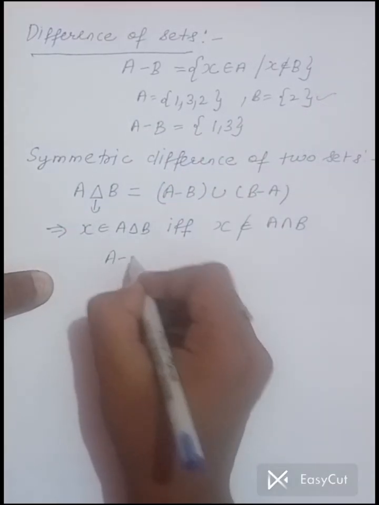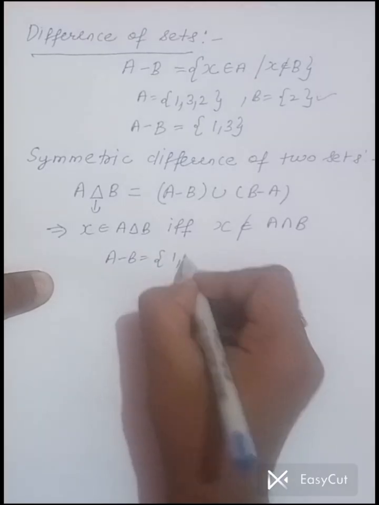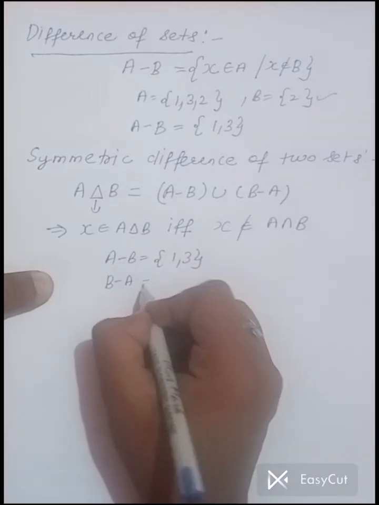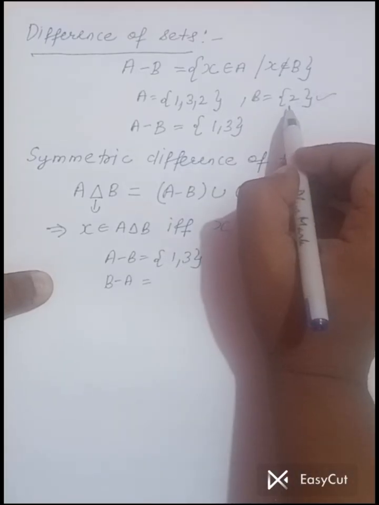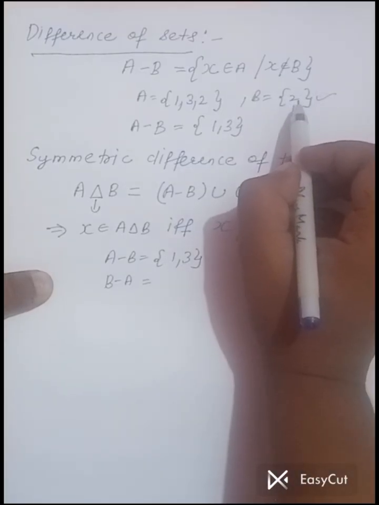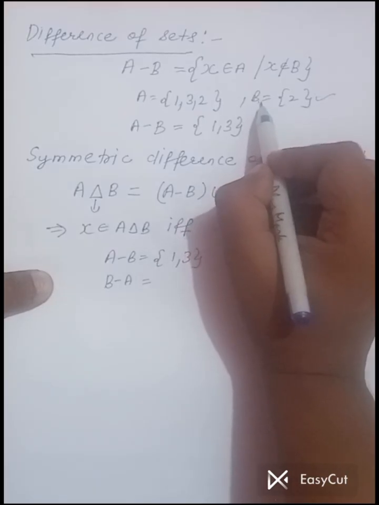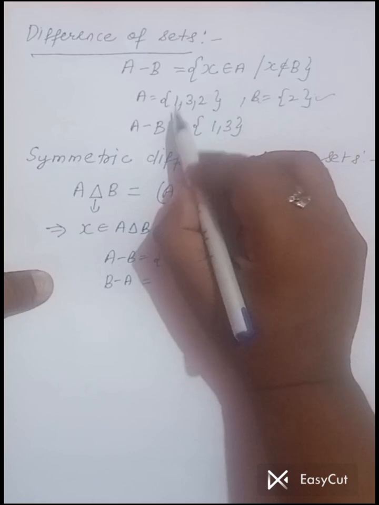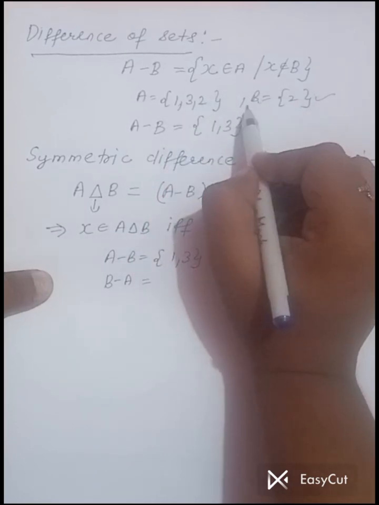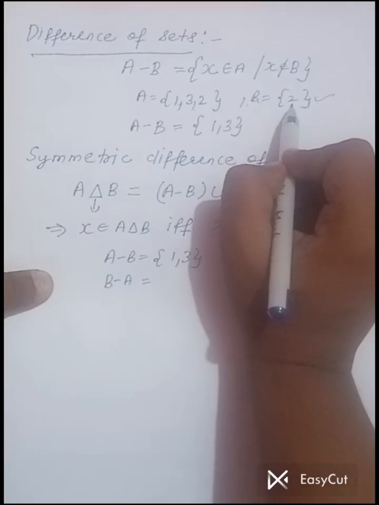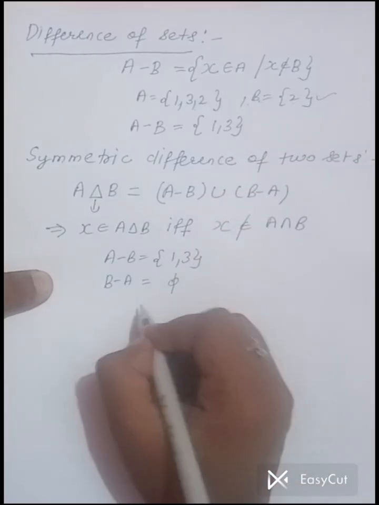Okay, so what is A minus B? A minus B is {1, 3}. And what is B minus A? We have to eliminate all the elements of B which are in A. So 2 belongs to B, but 2 also belongs to A, so we have to eliminate 2 also. So what do we get? We get only empty.